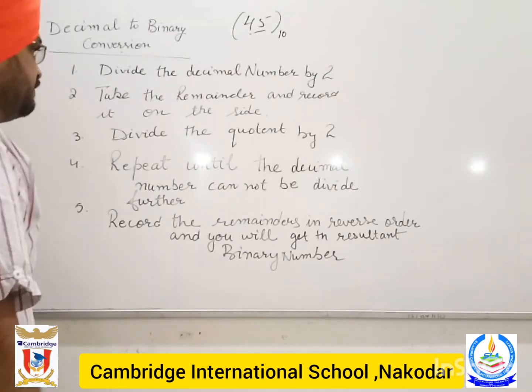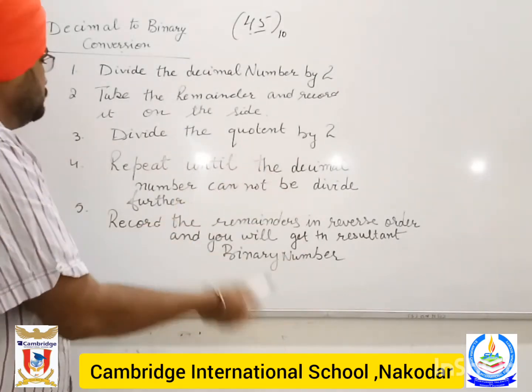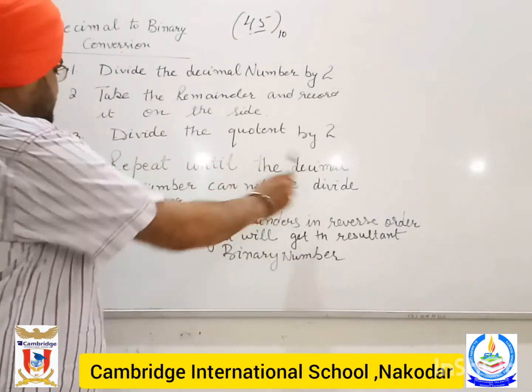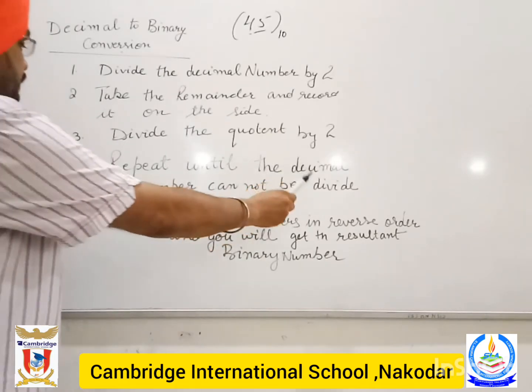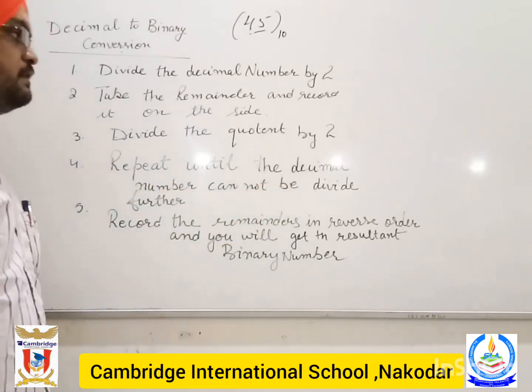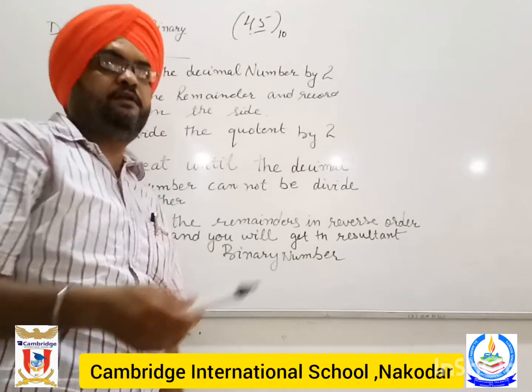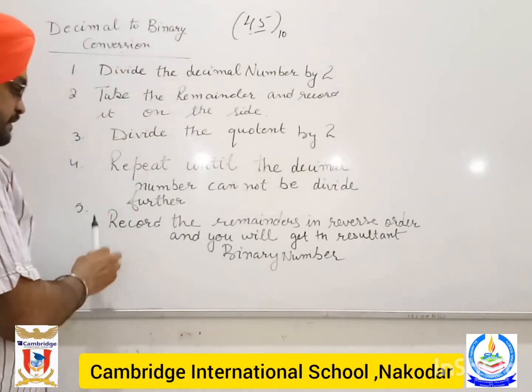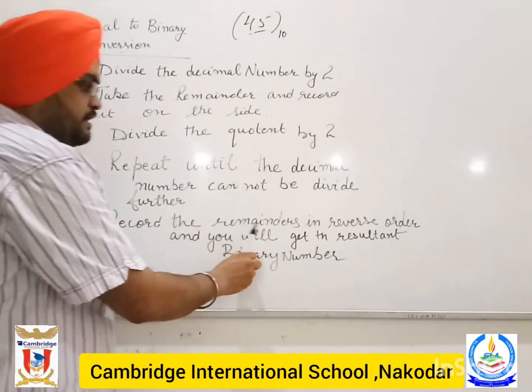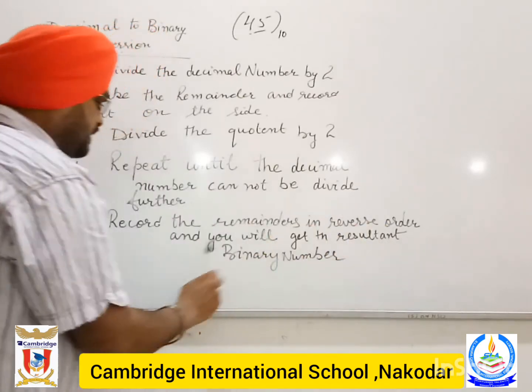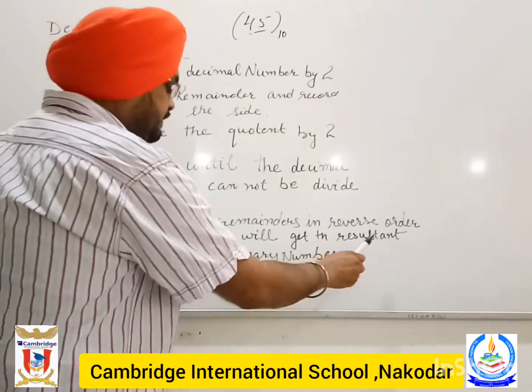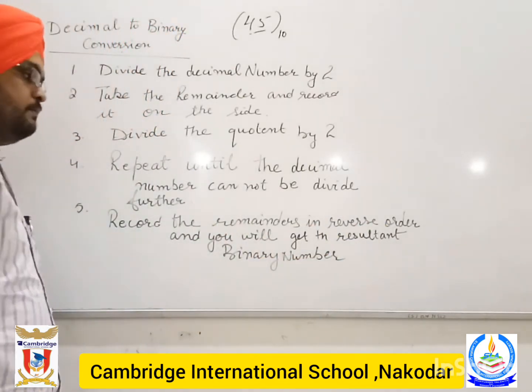Again we will divide the quotient by 2. Repeat until the number cannot be divided further, until it becomes 0 or 1. Keep dividing and record the remainders in reverse order and you will get the resultant binary number.